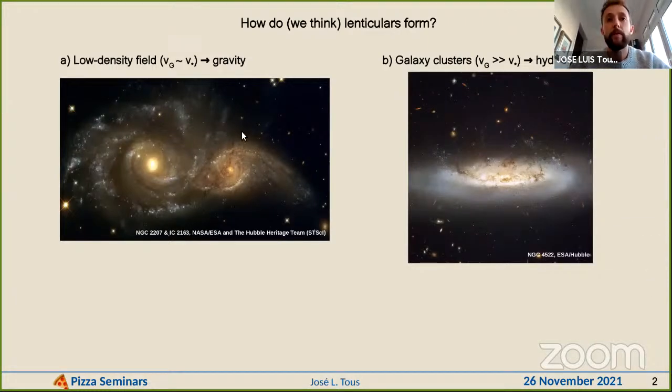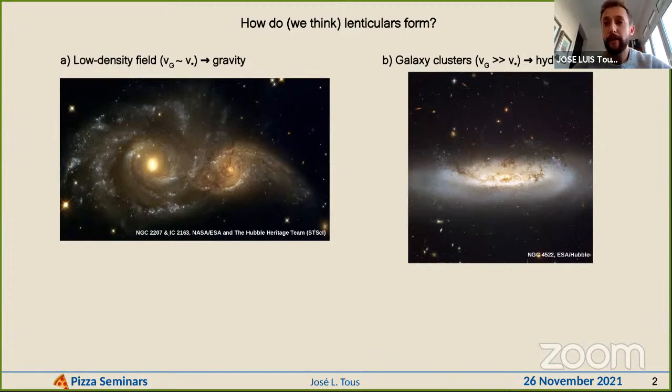In the first one, we would be in the low density general field, where the isolated lenticulars we observe, we think they might proceed from a merger of two coplanar spiral galaxies, a major merger. A merger of such characteristics is thought to be able to erase the spiral structure of the parent galaxies.